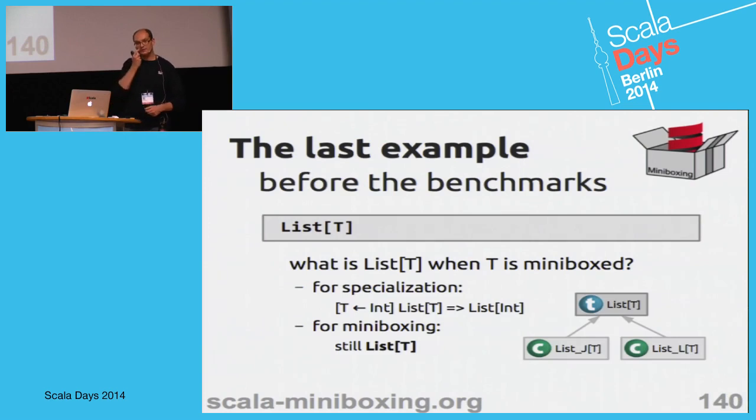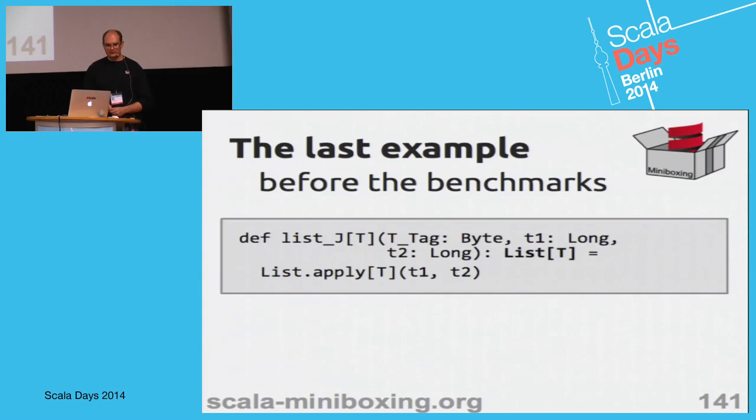If you recall, we have List[T] and we keep the type parameters around. So we just have List_J and List_L, and the implementation will be the specialized one. But we don't specialize deeply inside generics. So we know it's returning a List[T]. Can you look at this example and tell me if you see something wrong in here?